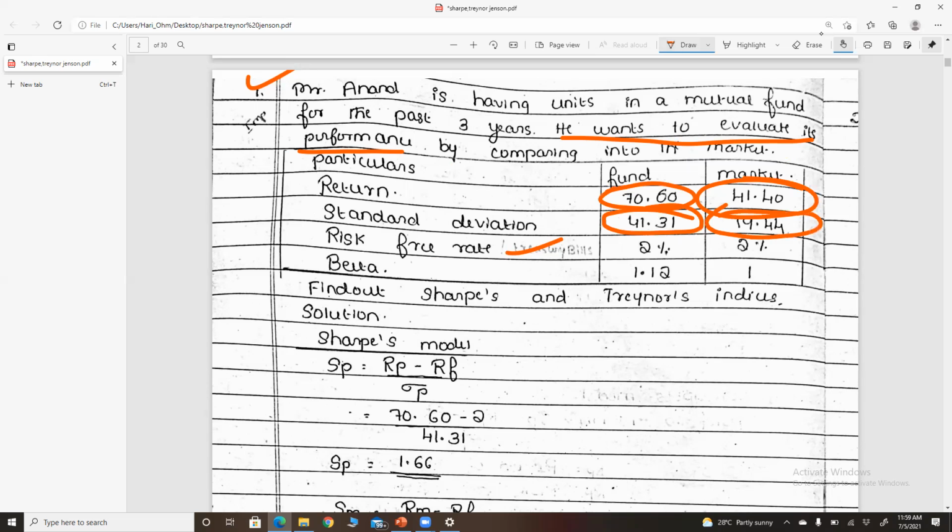Market standard deviation is 19.44. Risk-free rate is 2% for both. Then beta is 1.12, and beta for the market is always 1. That you need to remember, even if it is not given. Find out Sharpe's and Treynor's indices, or Treynor's models.